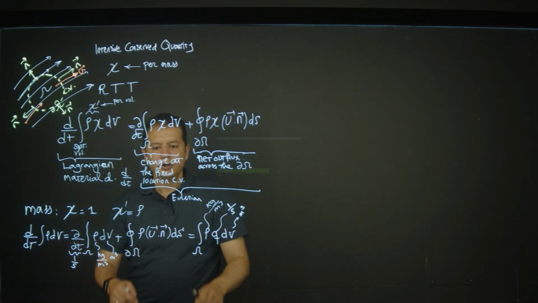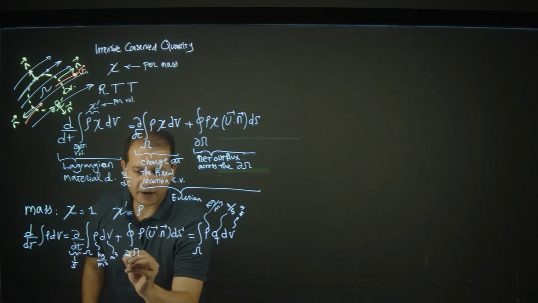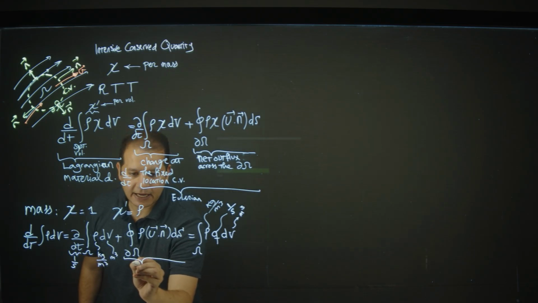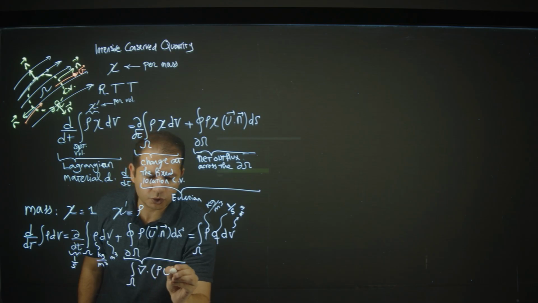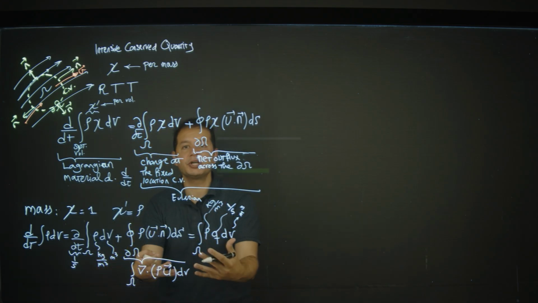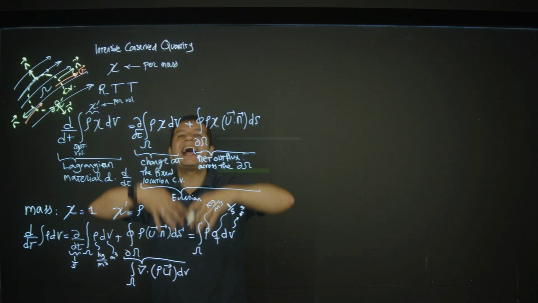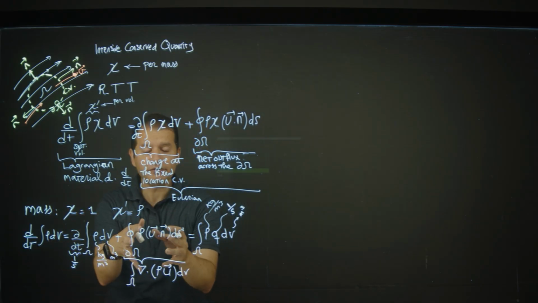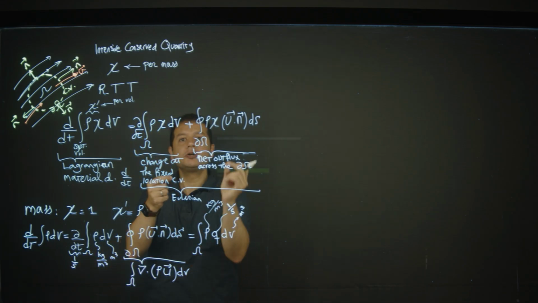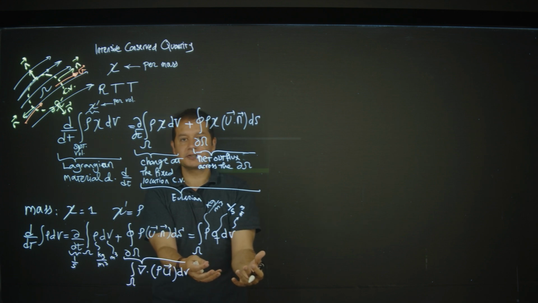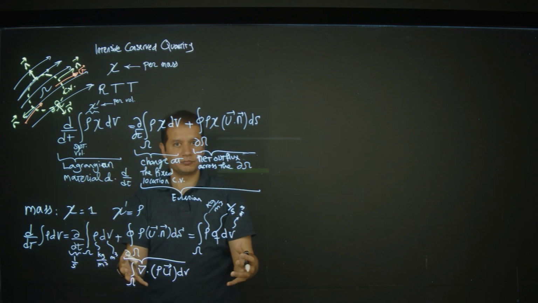Now, this integral over the surface of my control volume can be converted by the divergence theorem into the integral over the control volume of the divergence of rho u dV. The divergence operator mathematically means the net outflux of the quantity in front of it. The divergence theorem says the integral over a closed boundary of a flux is the divergence of that flux over the entire volume.